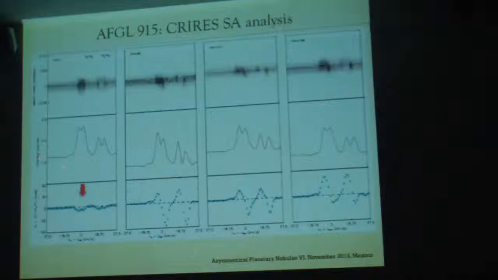Another thing is that we have detected a double peak intensity line profile, which is a characteristic of Keplerian sources, and this is widely accepted, as Valentin Bujarrabal said in his talk and works.